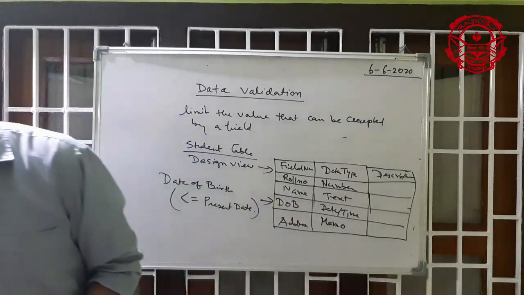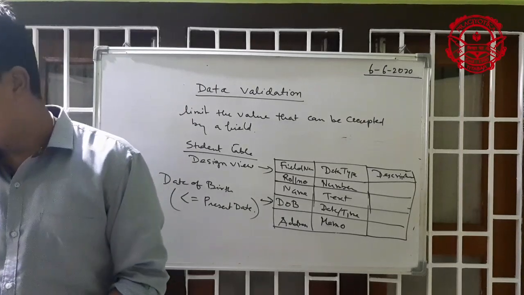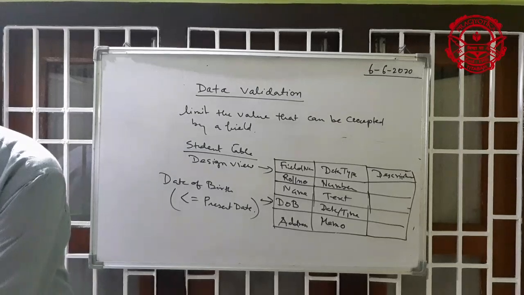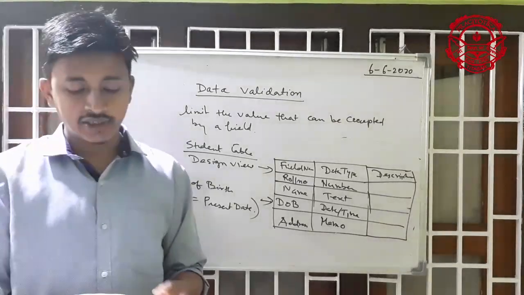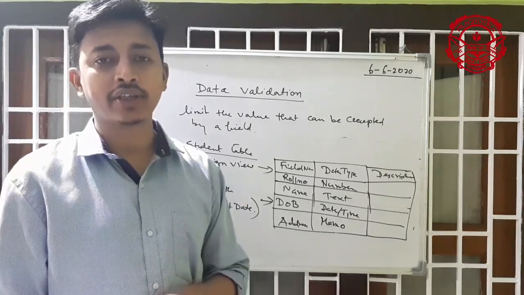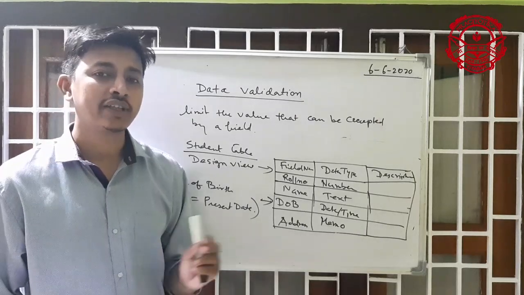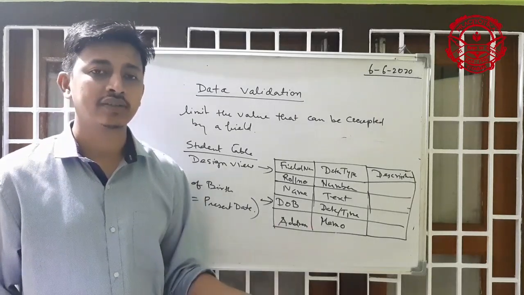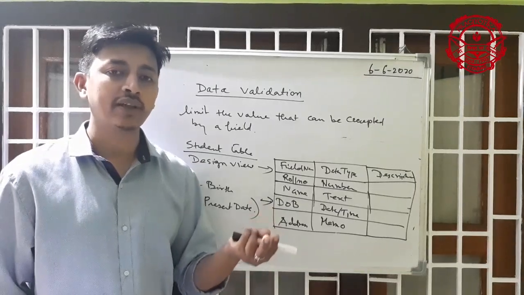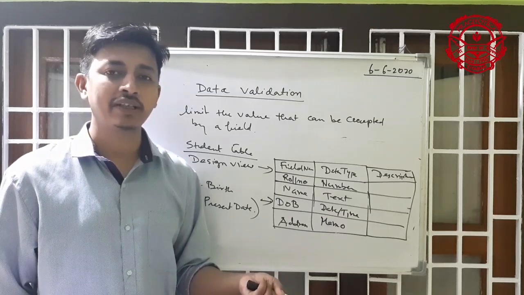Okay, now see, in your book you can see validation may be automatic, such as an invalid date. Say, for example, 30th February. So 30th February is invalid because why? 28 or 29, these are the two possible dates in the month of February. 30 February never comes.